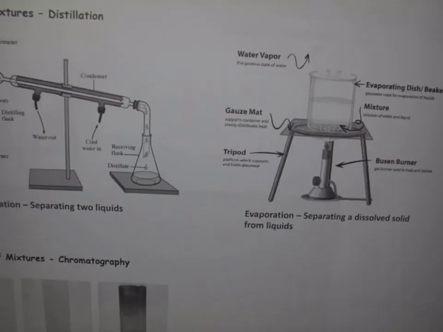We hit its boiling point, it becomes vapor, and the water is left over because we haven't reached its boiling point yet. So make sure your temperature is between the two boiling points, because you don't want both of them to become a vapor, or neither one. This is a great way of separating two liquids that have different boiling points.